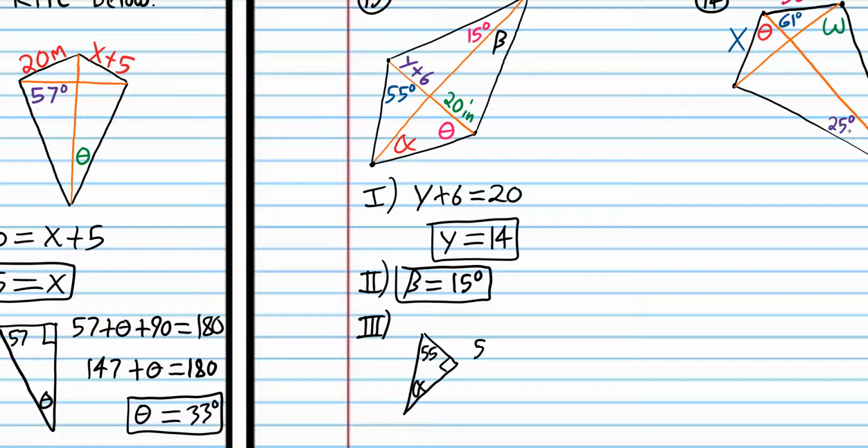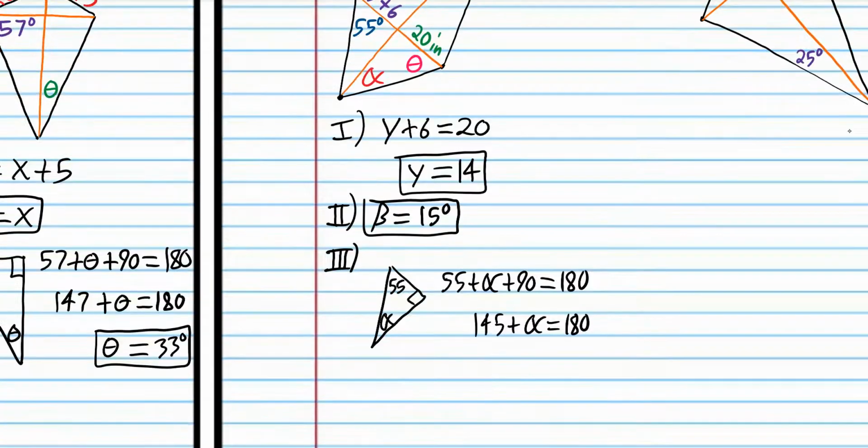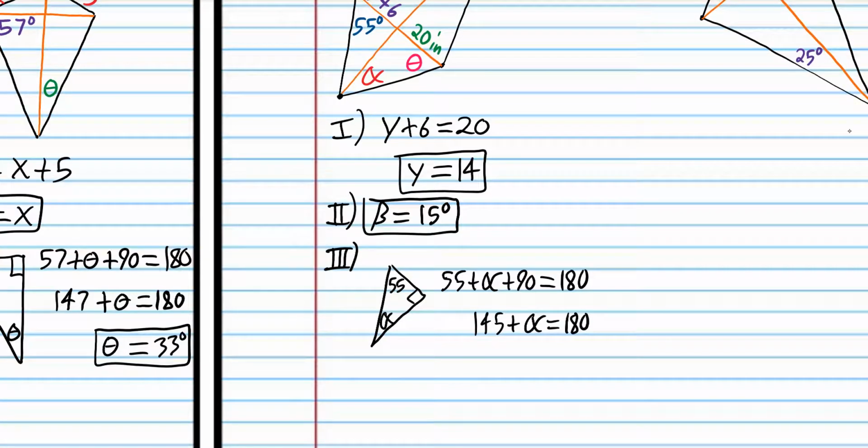So 55 plus alpha plus 90 must equal 180. Add that up and we get 145 plus alpha is equal to 180. Subtract 145 from both sides and we get 35. Alpha is equal to 35 degrees.